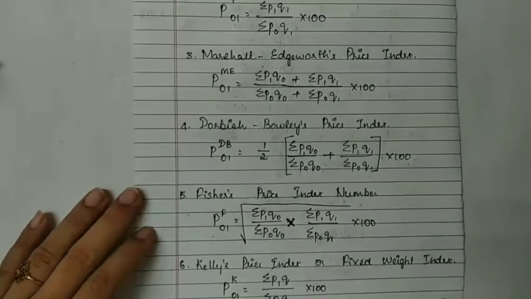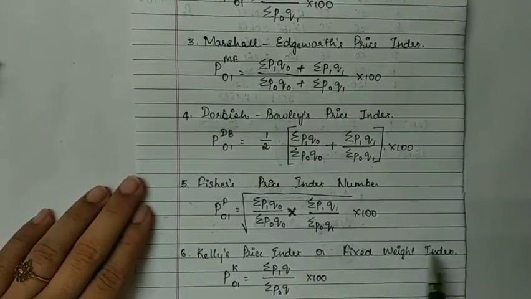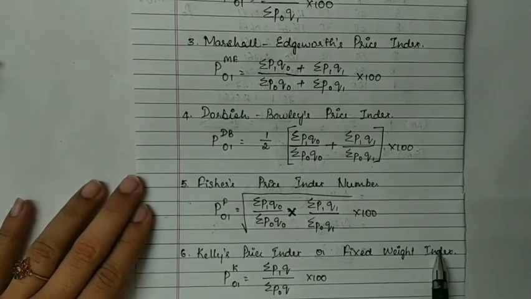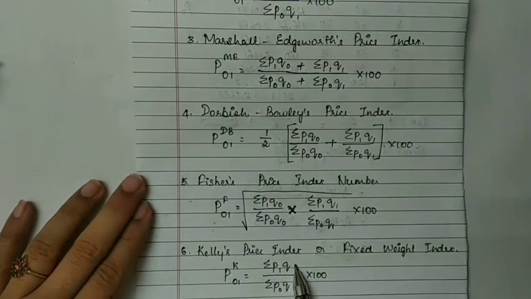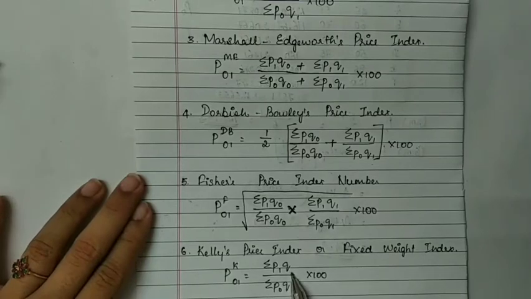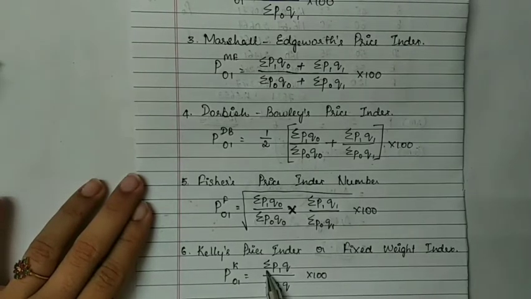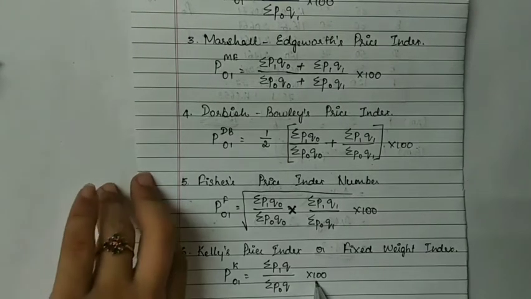And the last one is Kelly's price index or fixed weight index. So here quantity is given as weight. Here we don't know whether it is the quantity of base or current year; we are just given a fixed weight index. So the formula will be summation P1 Q divided by summation P0 Q multiplied by 100.